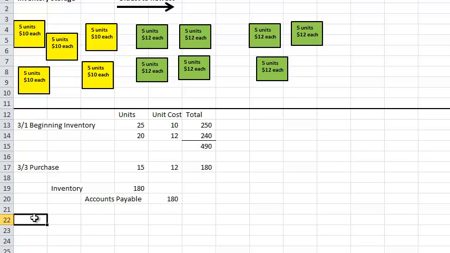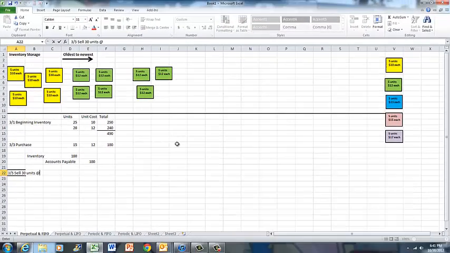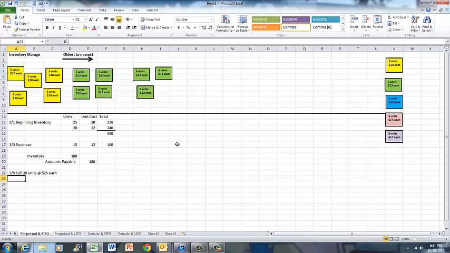Now the next thing that happens is on March 5th, we're going to sell 30 units at a price of $25 each. So now we have to calculate the cost of the sale.